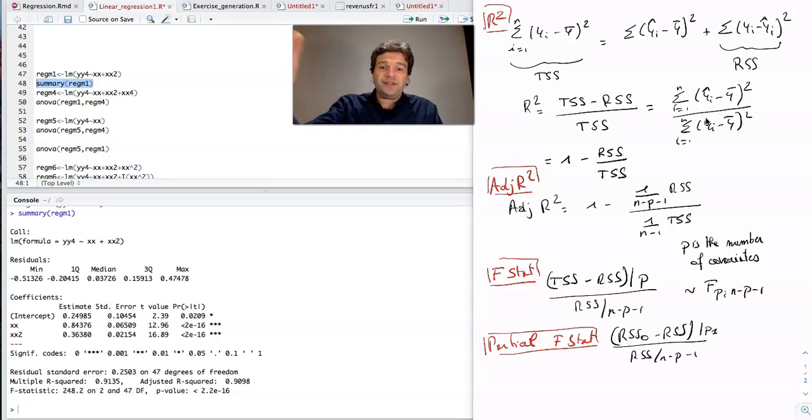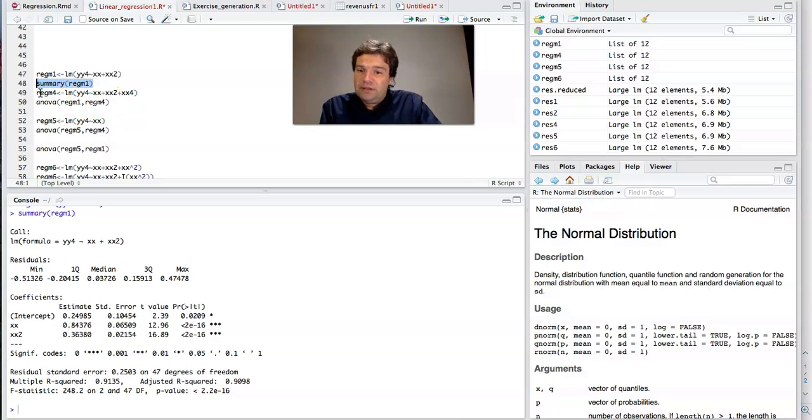We can insert, for example, to explain the income, the height of the individual. We could imagine that we have this here.